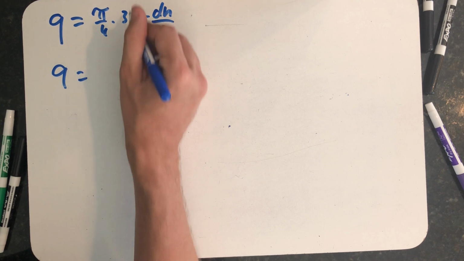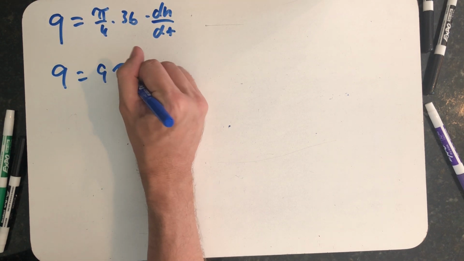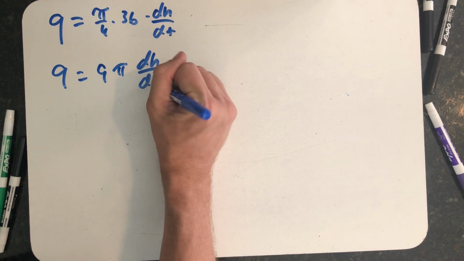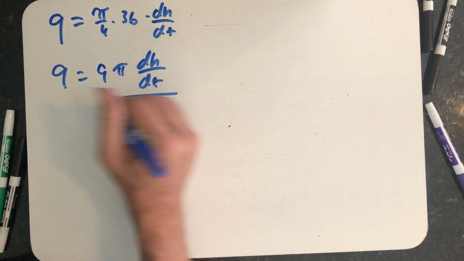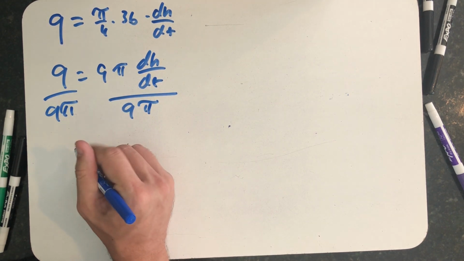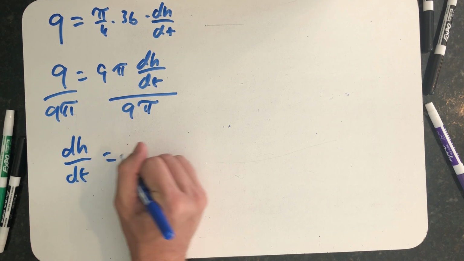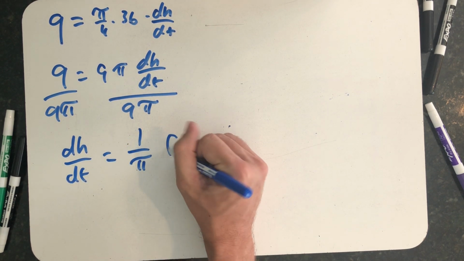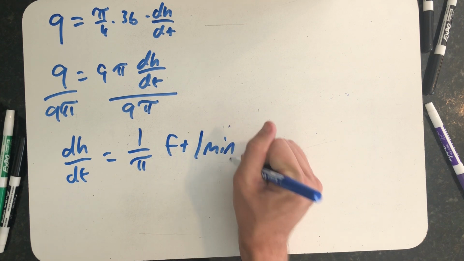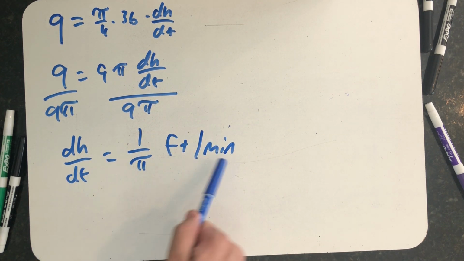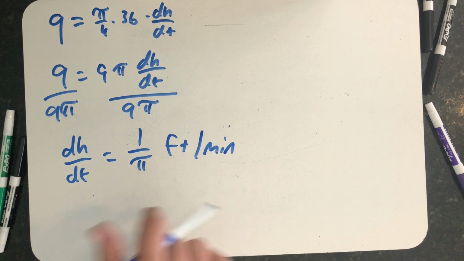That is 9 equals 9 pi dh/dt. Divide both sides by 9 pi, and I get that dh/dt is 1 over pi feet per minute, a rate of change of a height in feet with respect to time, which is being measured in minutes.